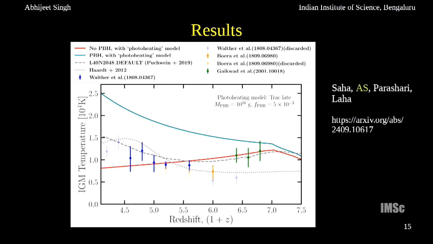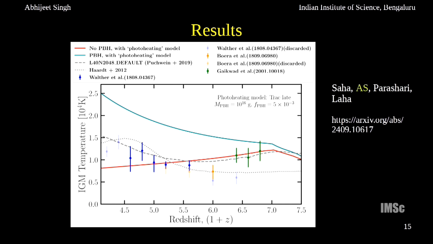That is to say, we don't need primordial black holes to explain these temperatures, and hence we don't claim a discovery of these black holes. We can only put a constraint on their existence. And this is to illustrate what happens to the intergalactic medium temperature if we have primordial black hole dark matter.